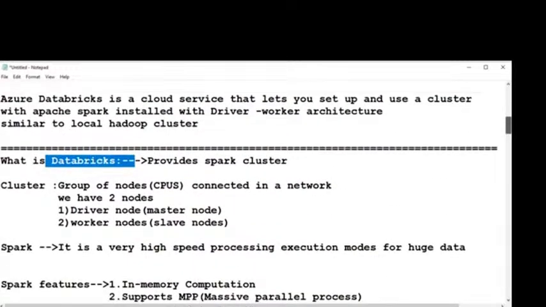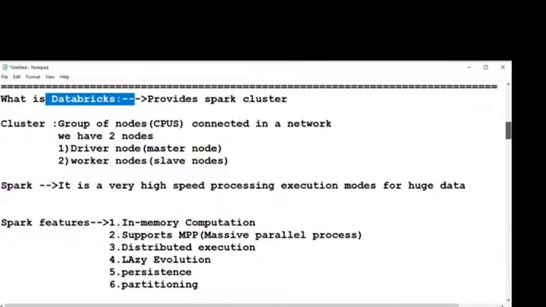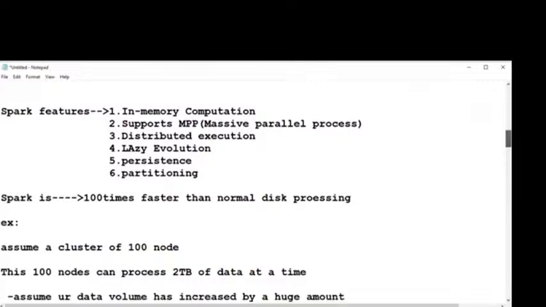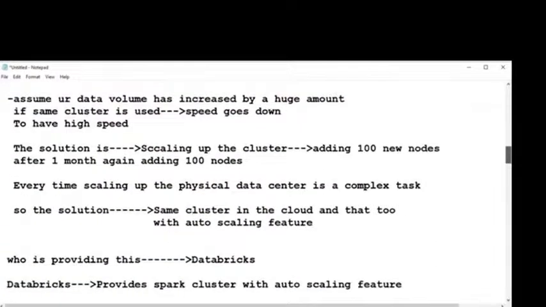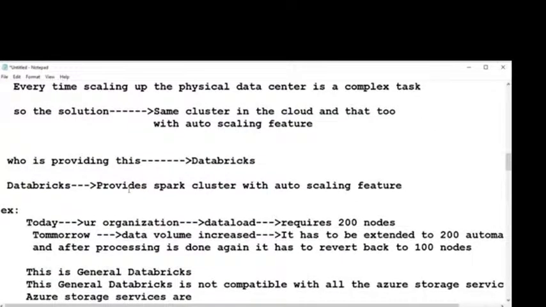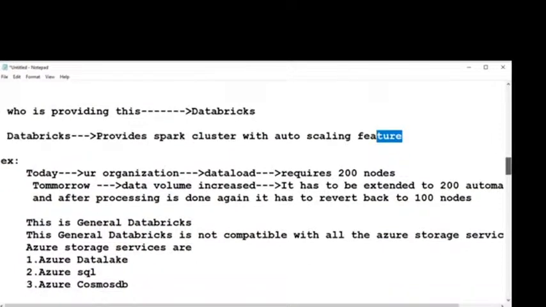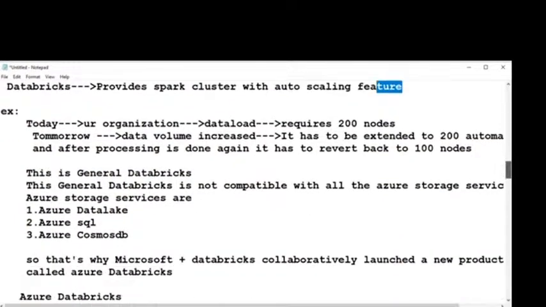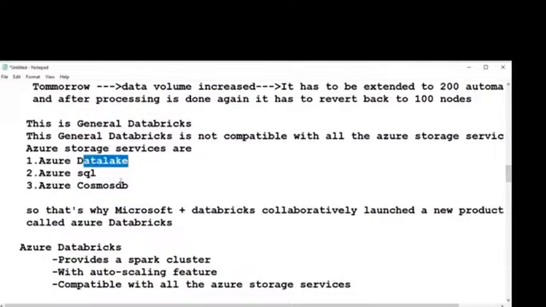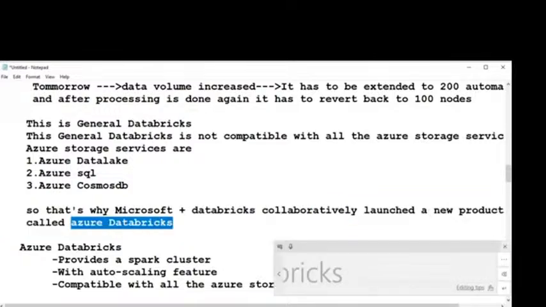Databricks is not only for Azure, we have it for other platforms too. Databricks provides a Spark cluster with auto scaling. But that Databricks is not compatible with all the Azure storage services like Data Lake, Azure SQL, Cosmos. So Microsoft and Databricks collaboratively launched a new product called Azure Databricks, ADB.